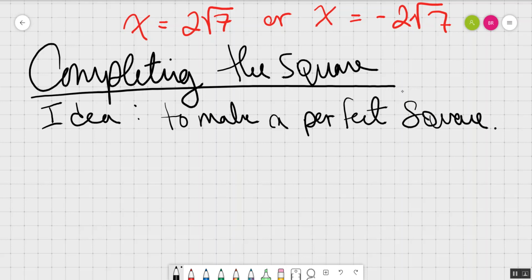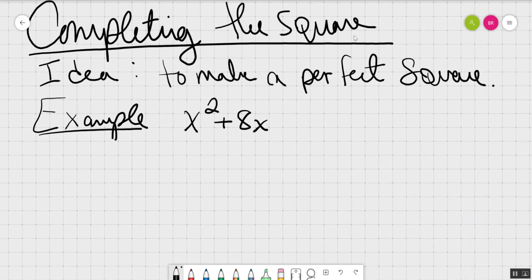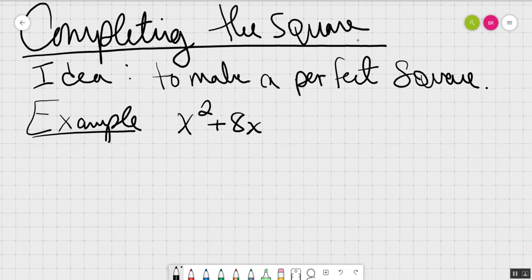What do I mean by that? Well, let me show you. So, for example, let's say we start off with x squared plus 8x, which seems pretty close to being something that's squared, because it's already got a square in it, but it's also got this extra x term. And what we're going to do is try to make it look like a perfect square. So let me write out a perfect square for you.